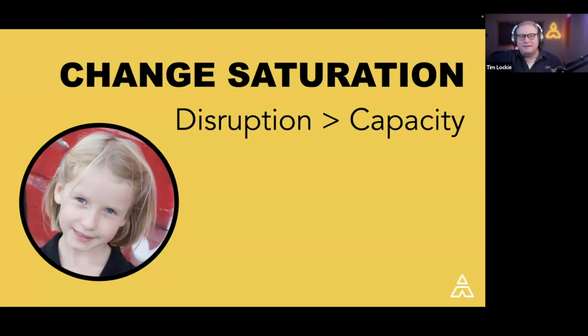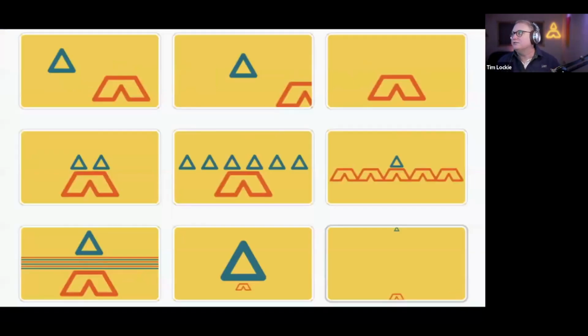So if we're implementing a CRM, which I did lots of times, and created disruption and change saturation for months on end for people, at the end of that, they were not happy with that CRM, even if it made their jobs easier. And they turned to the one thing that would give them mastery and autonomy, which is spreadsheets, right? Saw it over and over and over. So if we're implementing systems and we're not paying attention to change saturation, we're going to run into issues.